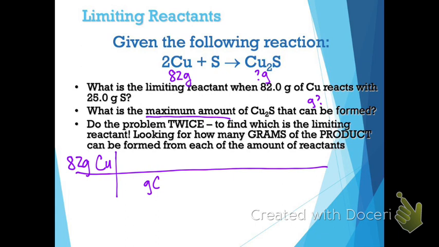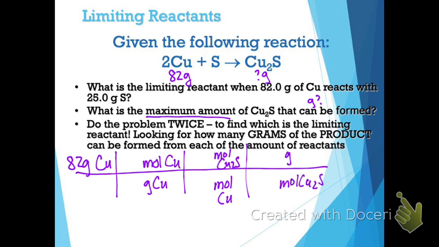So that means I'm going to go grams of copper to moles of copper. Moles of copper to moles of copper sulfide. And then moles of copper sulfide to grams of copper sulfide. Okay, so go ahead and work that out. Put your numbers in there. Moles gets the 1 here.